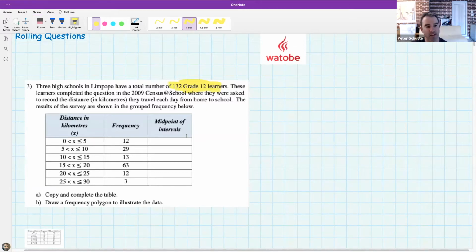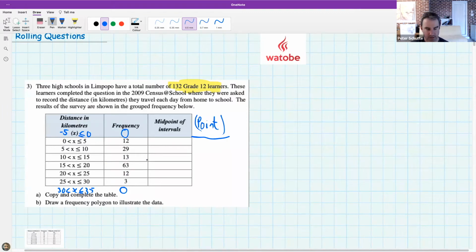We need an extra column for the points we are going to add, and we also need to add an interval at the beginning, going from -5 to 0, and at the end, from 30 to 35. The reason we're adding these two extra intervals is that we need a frequency of 0 in those two.